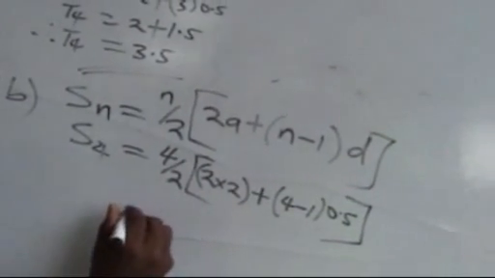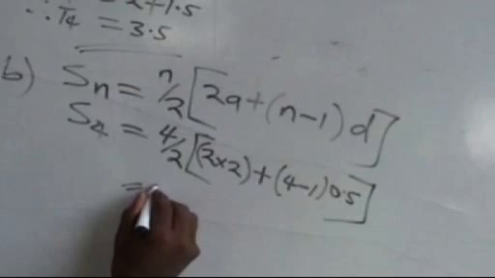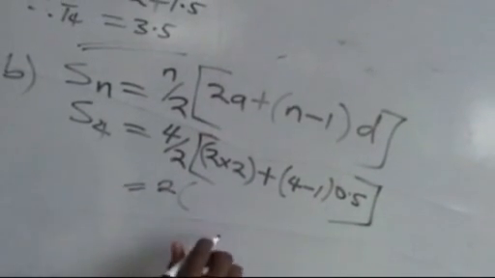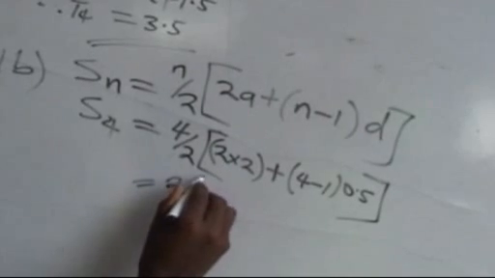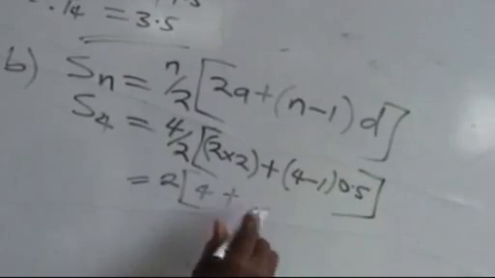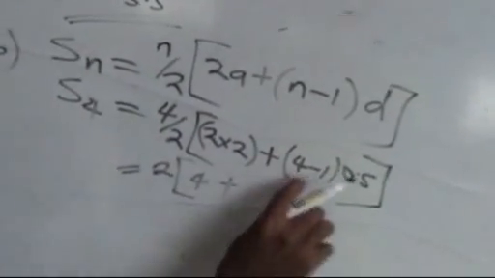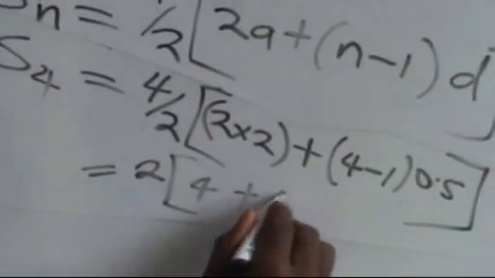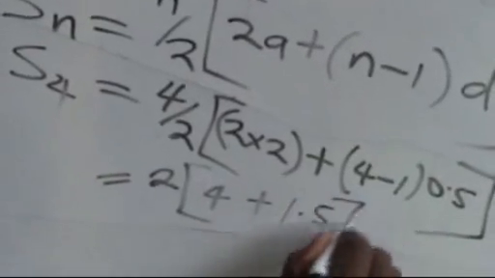So what we'll have here is 4 divided by 2, we have 2 into 2 times 2, we'll have 4 here, plus 3, 4 minus 1 will have 3. 3 times 0.5 will have 1.5.